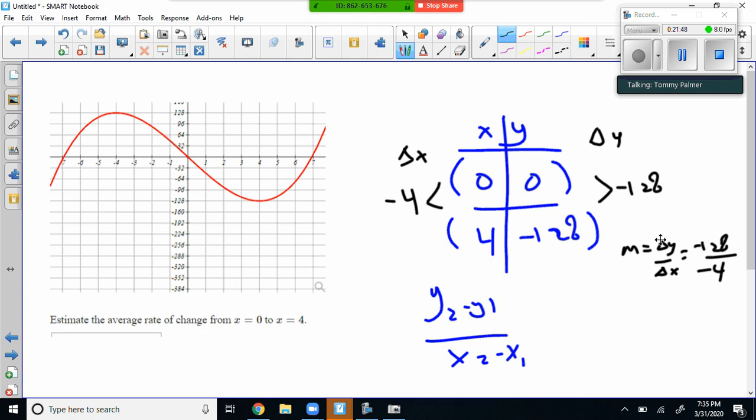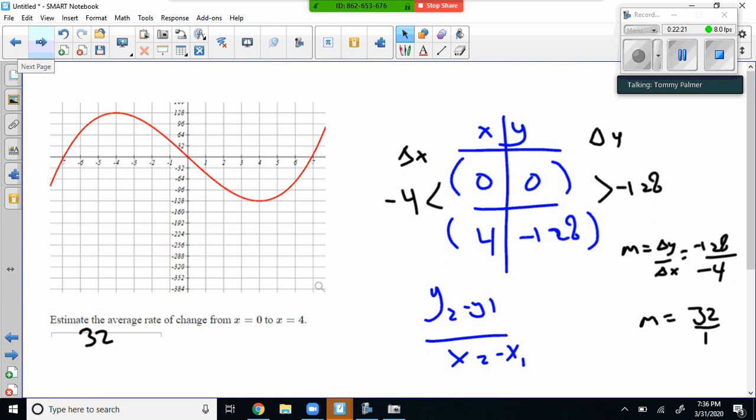I don't have a calculator in here, but that should go into 32 times, right? Yeah, so that would be your rate of change. That'd be slope. And really it'd be 32 over 1, but since its denominator is 1, we just say 32, right? So that's pulling it from a graph.